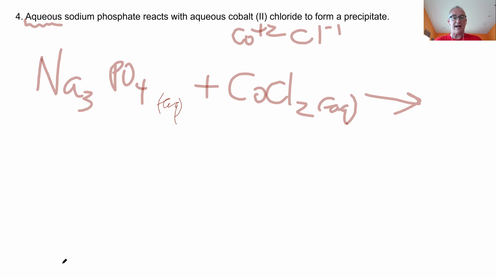So what are our ions that are present? I dissolve sodium phosphate in water. What do I get? Sodium ion, which is what? Na+.